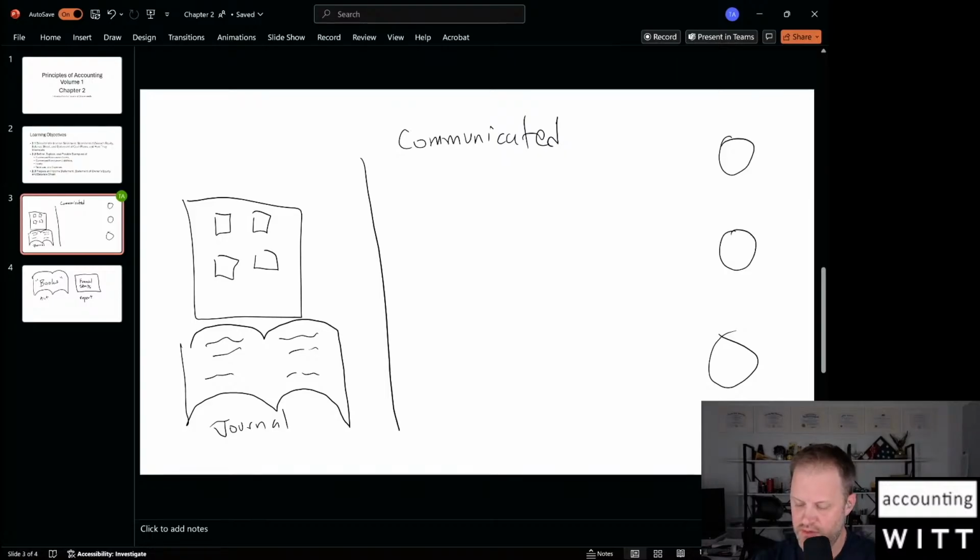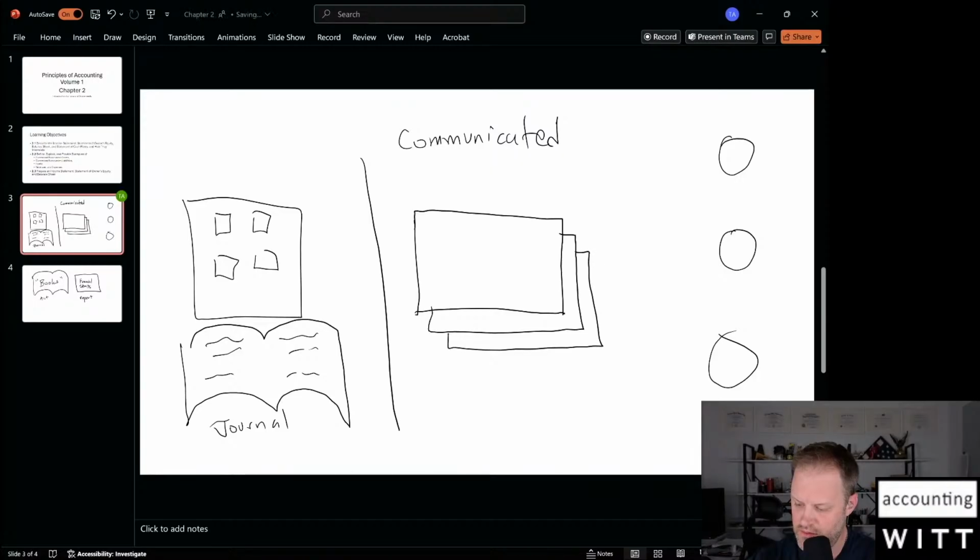So we want whatever graphic we have here to represent that it's a standardized, so it's 4 financial statements. So let's, for now, say that.